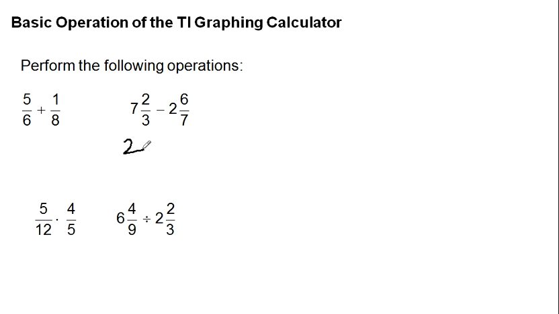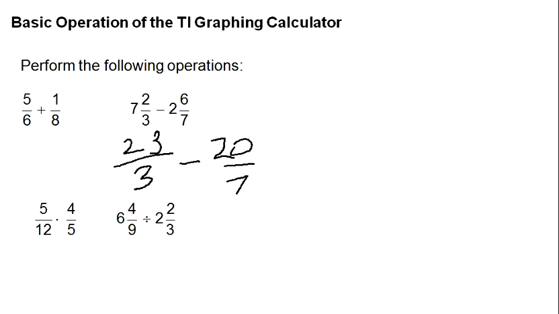23 over 3 minus 2 times 7, 14 plus 6, which is going to be 20 over 7. Alright, so before you put it in the calculator, you want to have it written using fractions.